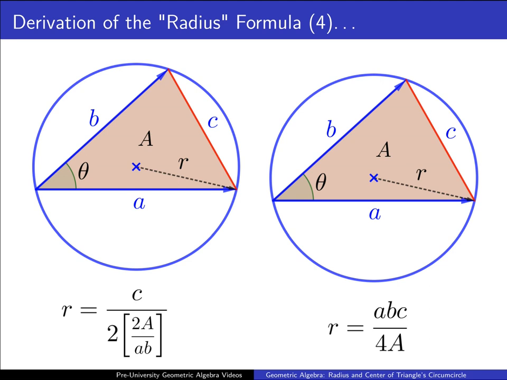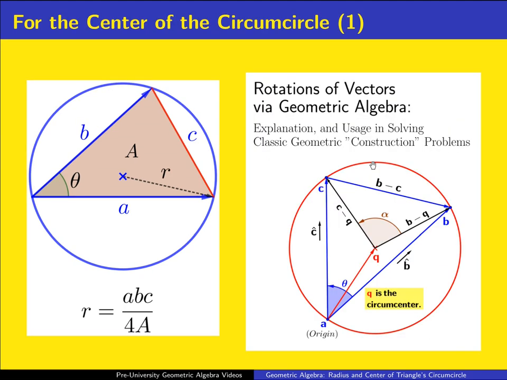Now, what about the center of this circumcircle? Well, again, I'm going to refer the viewers to a document that I wrote some time back, in which are solved several different classic geometry construction problems via rotations of vectors in geometric algebra.